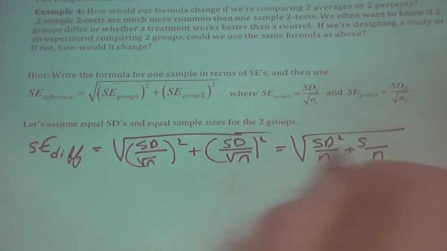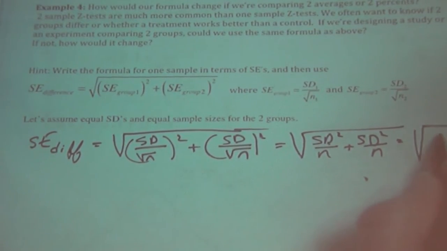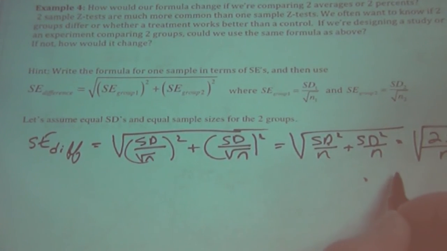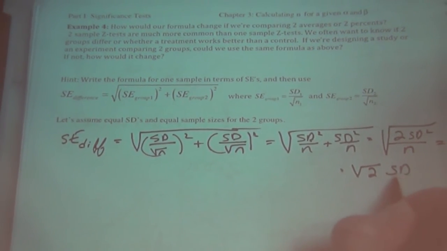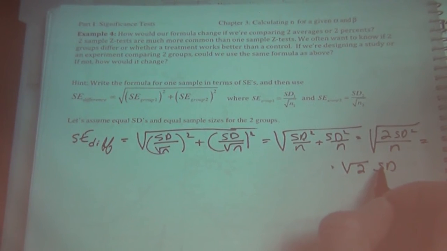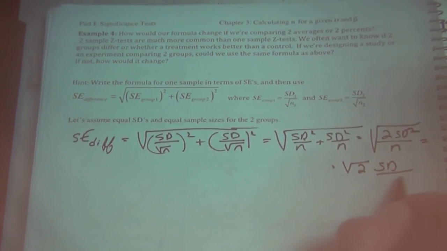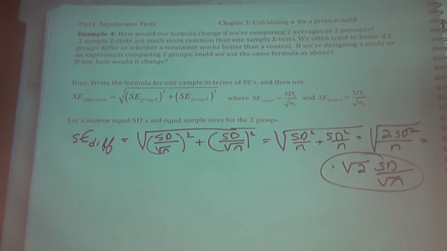So we've got SD squared plus SD squared, 1 plus 1, so 2 SD squared over n. That's just the square root of 2 times SD over the square root of n. That's it. Any questions on that?